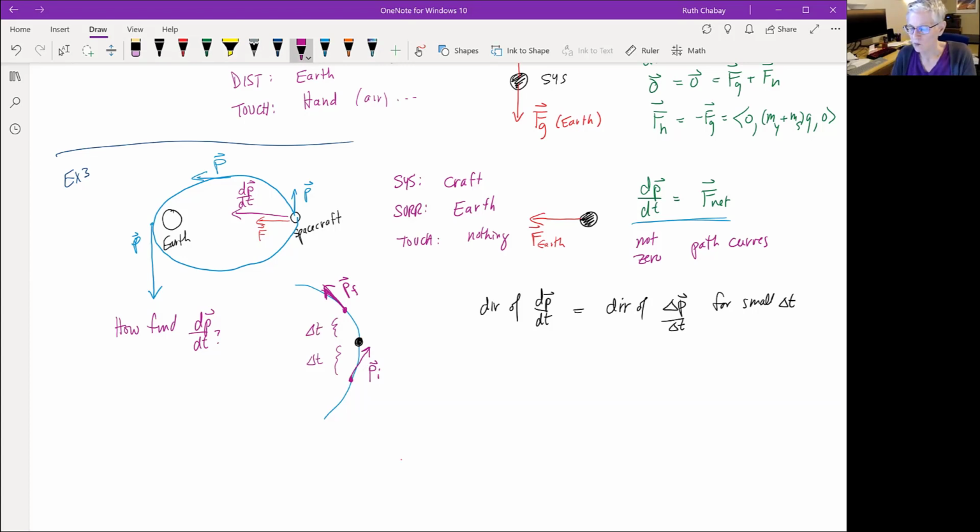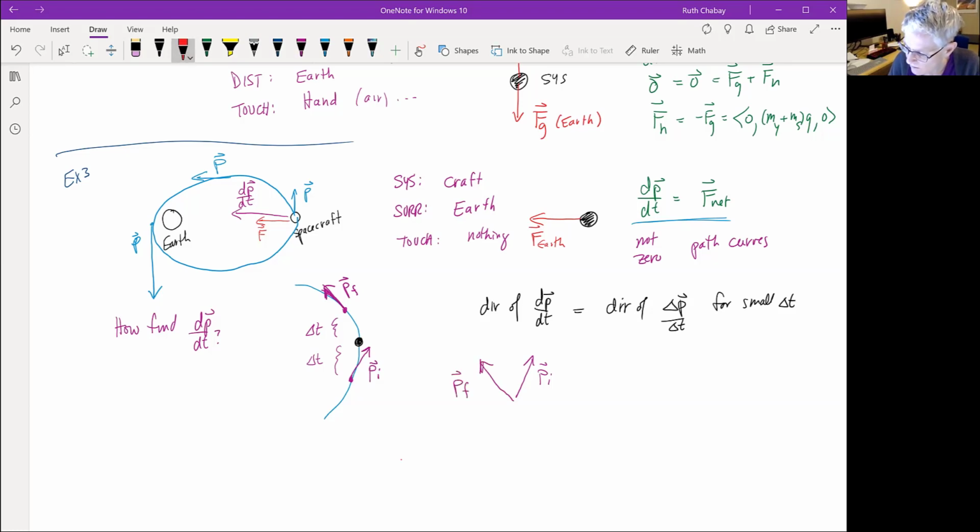And then we can get a delta p, and we can imagine sliding those two vectors closer and closer together, making those time intervals smaller and smaller, until we get a limit and we get the instantaneous value. So let's see what this gives us. We'll just redraw these vectors so we can subtract them. Here's our initial momentum. There's our final momentum.